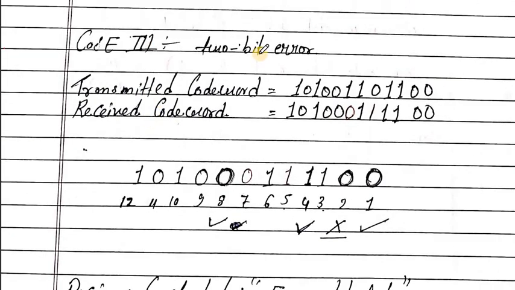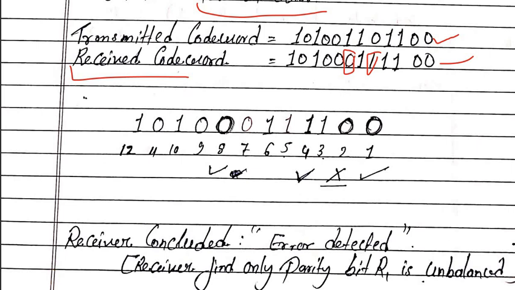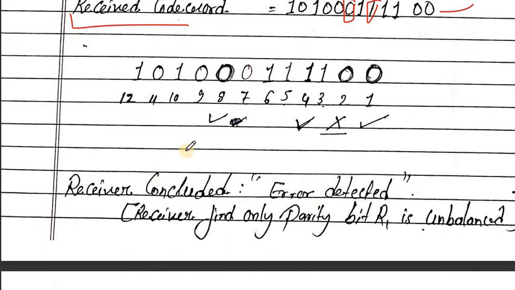In case 2, there is a 2-bit error. This is the transmitted code word, and at the receiver end there is a corrupted code word. Here we see that this bit and this bit are corrupted. Same method: the receiver will check whether the parity bits are balanced or not, and find which parity bits are not balanced.